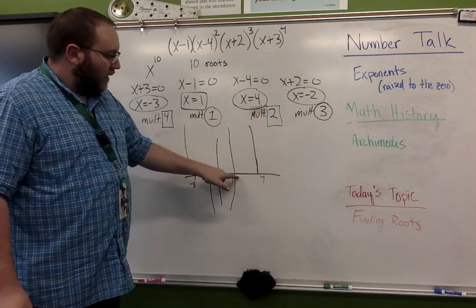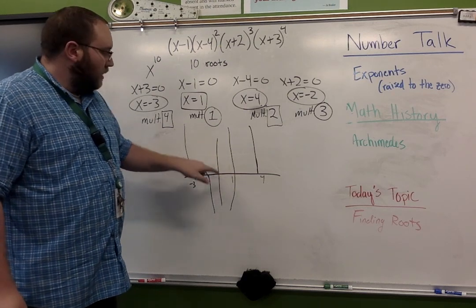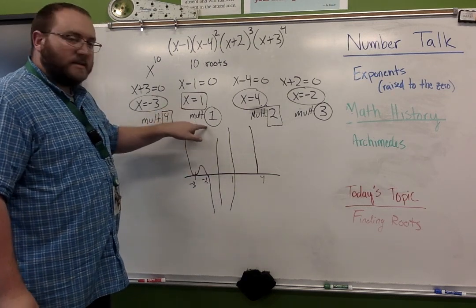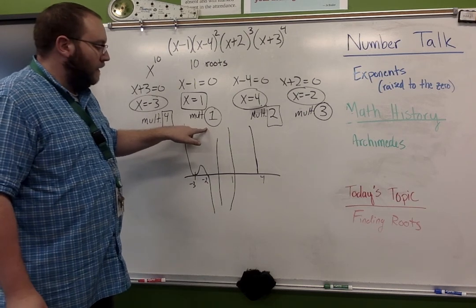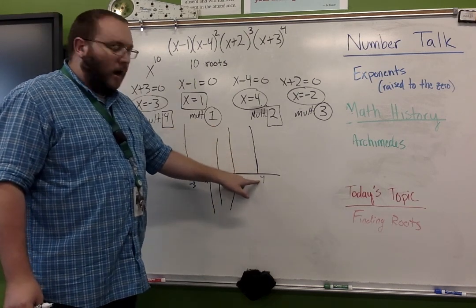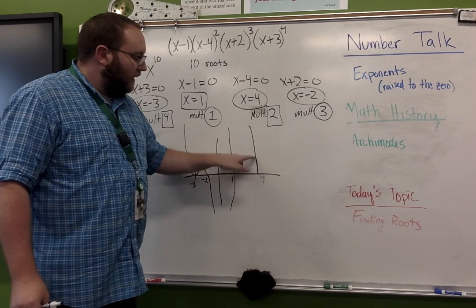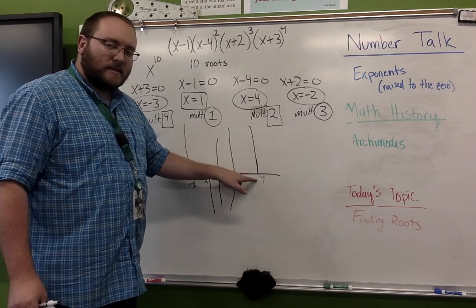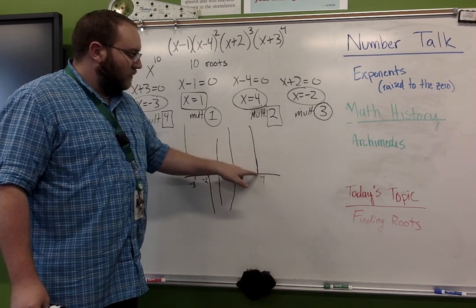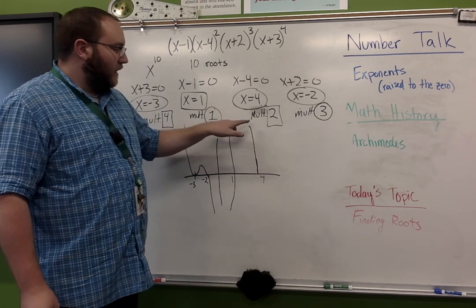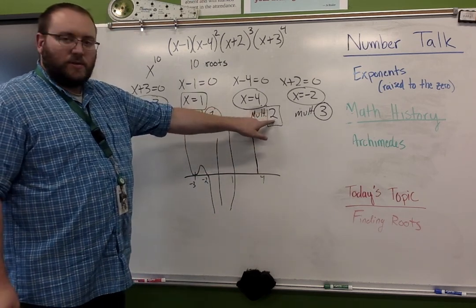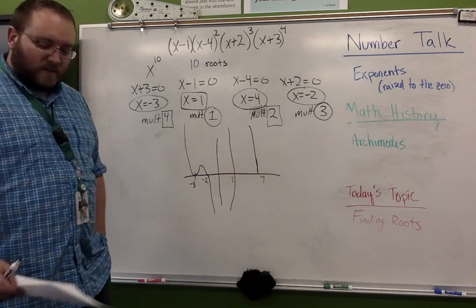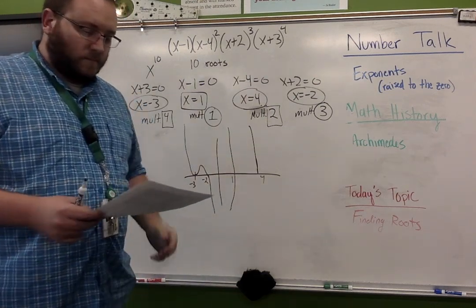Over here at 1, it crosses because x equals 1 was multiplicity 1, an odd number. And then down here, you see it doesn't cross, right? It comes down and then bounces back up. It doesn't cross the x-axis. It touches x equals 4, this root right here, and then bounces back up because it's multiplicity 2, an even number. So that's how multiplicity works.